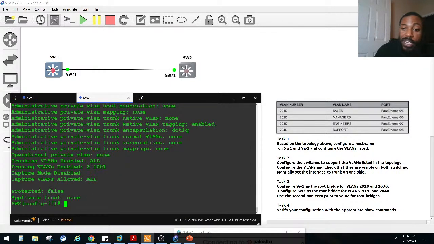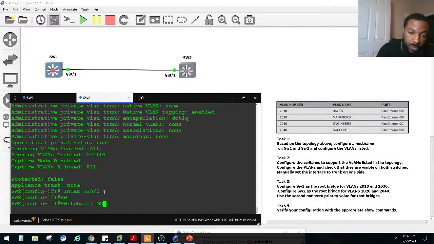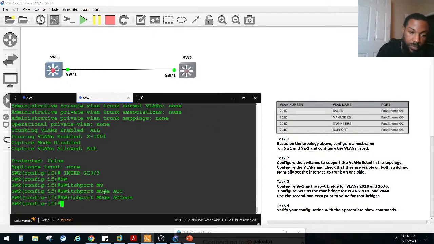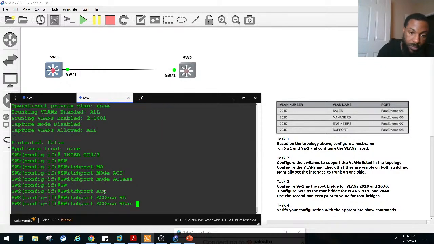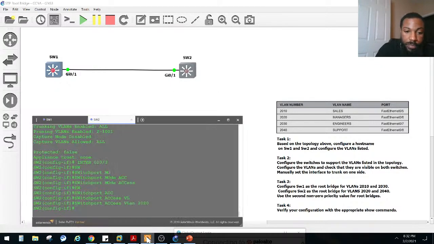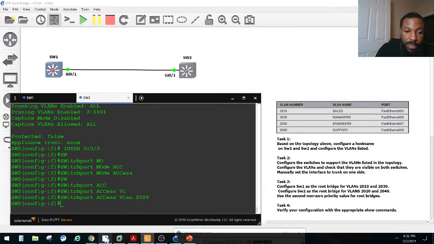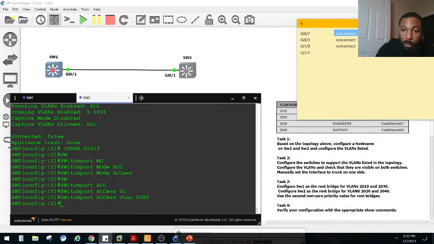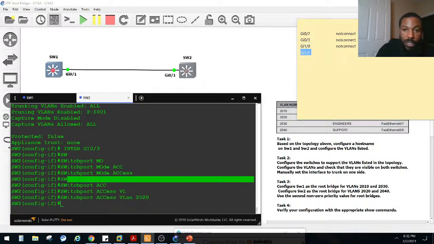Gig 0/3 needs to be in VLAN 2020. What was the other port? I wrote it down because I have a short memory. That's going to be in 2030, and that's going to be in 2040. So, gig 10 and 11.